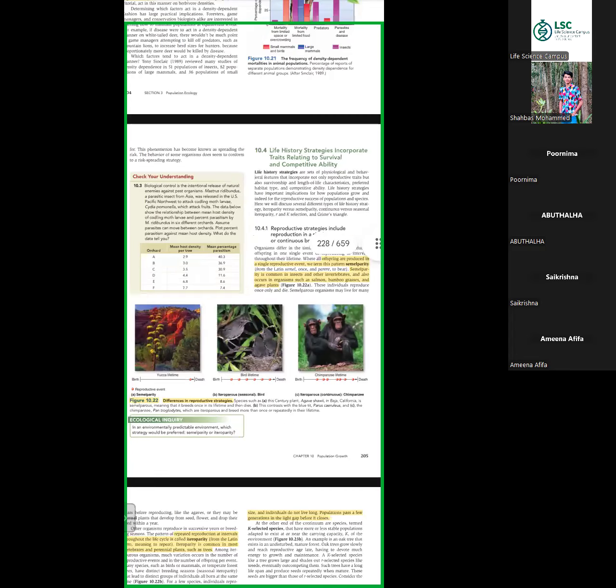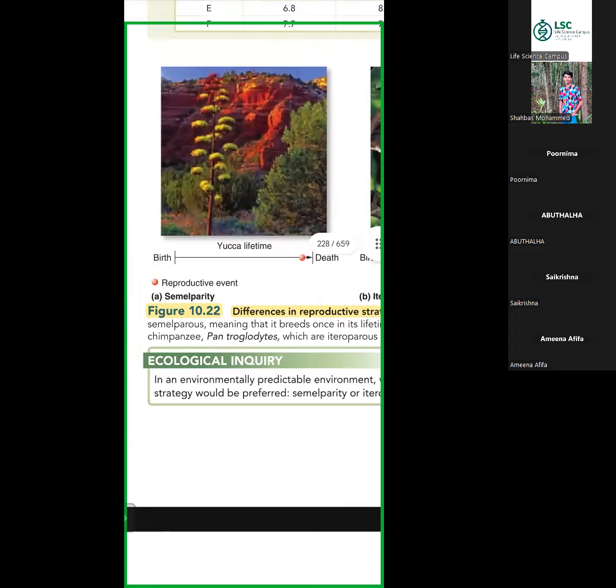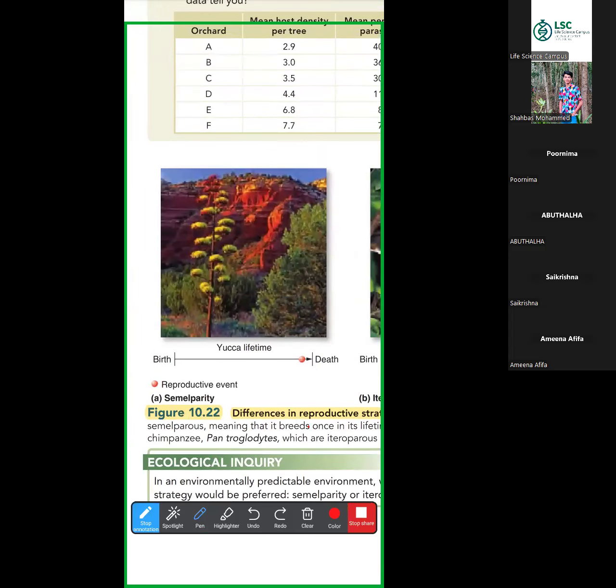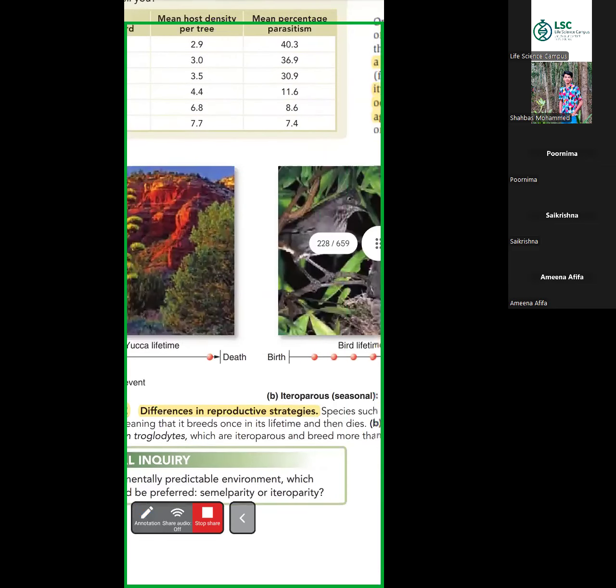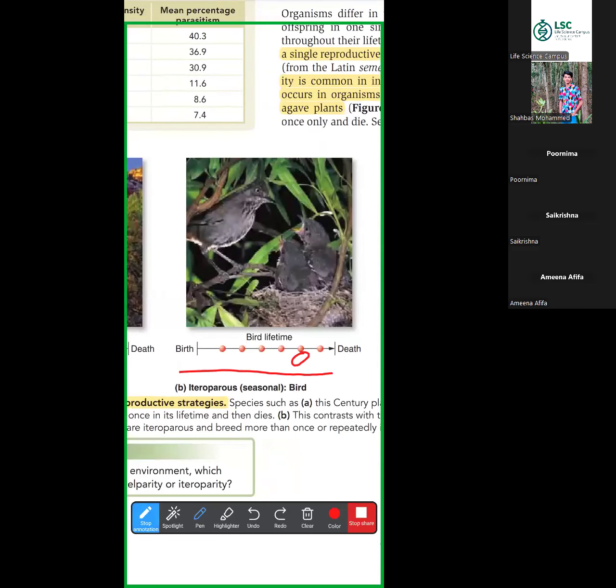So consider this yucca plant. It is born, and on reaching its death time, it reproduces. So throughout its life cycle, it has reproduced only once. That is semelparity. Now consider seasonal iteroparity. You can see there is a pattern.